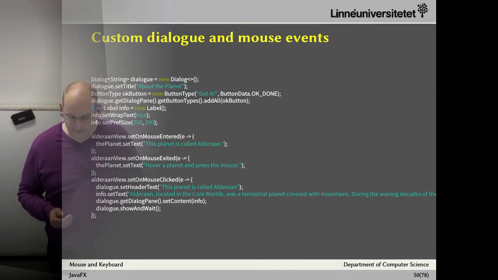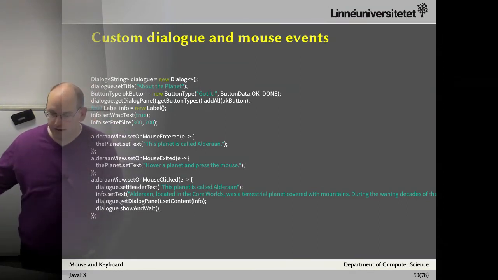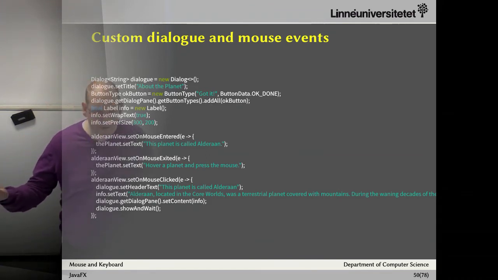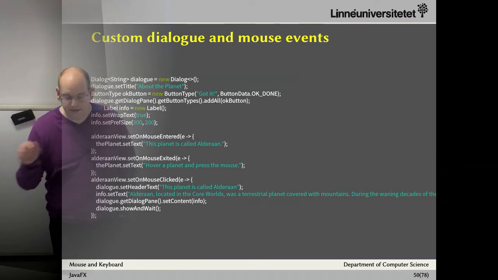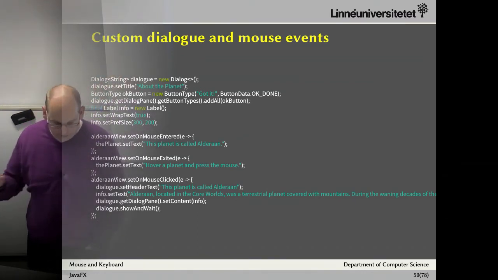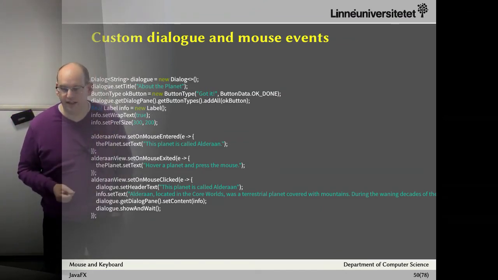It works exactly the same for setOnMouseExited. So when we take the mouse pointer away again from the planet, then the text will reset to whatever it was in the beginning. And lastly, setOnMouseClicked.